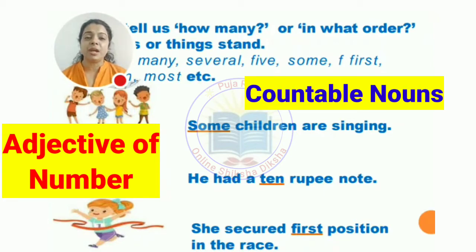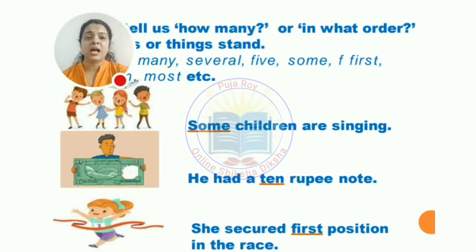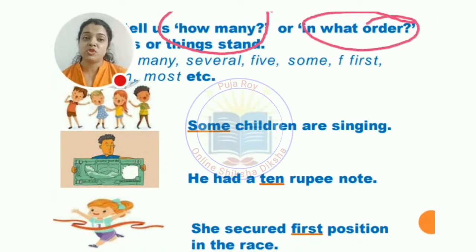So adjective of number talks about how many, whether it is 4, 5, 6, 10,000, 5,000, whatever. That is a number. Again, adjective of number talks about order as well: first position, second position, third position. All these are taken as adjectives of number.